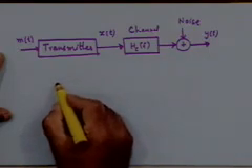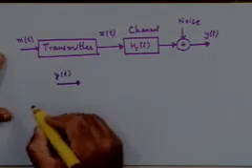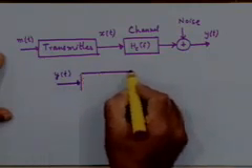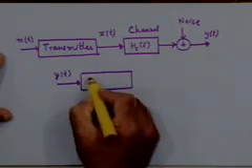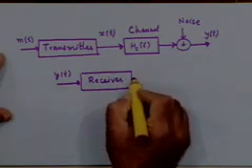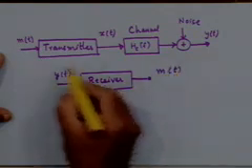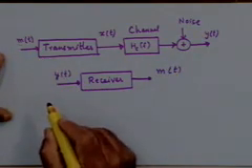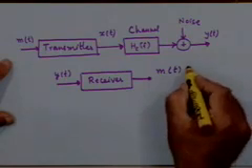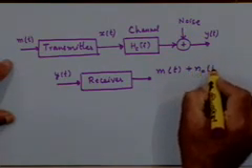The receiver is supposed to work on this input y of t to produce a replica of your transmitted message waveform m of t, together with a small amount of noise which it cannot eliminate.